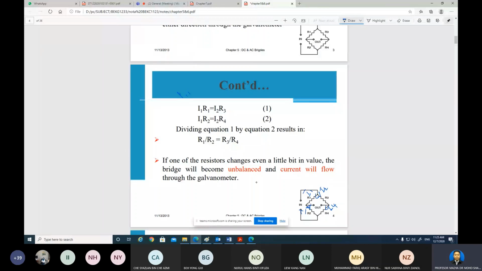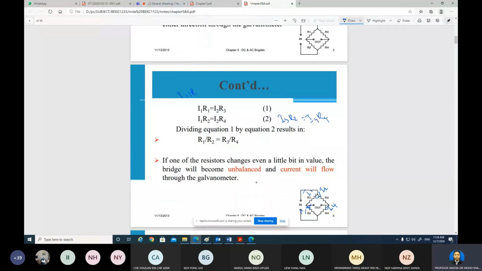Voltage is equal to I multiplied by R, current multiplied by resistance. So the voltage here equals I1 multiplied by R1, which equals I2 multiplied by R3. Also, I3 multiplied by R2 equals I4 multiplied by R4.